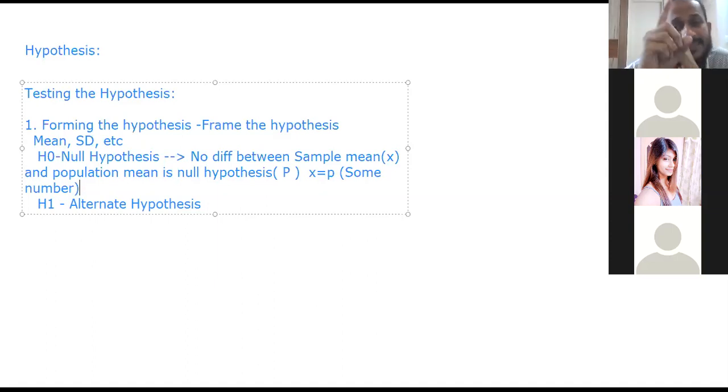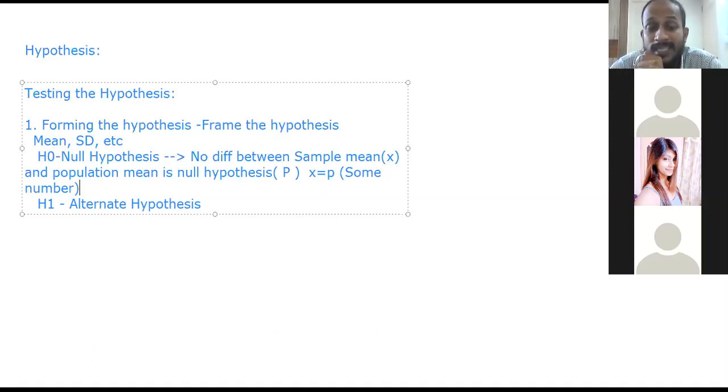If I say that there is a difference between the statistical understanding of BCU students and AU students, and I conduct the internal test, and I find that AU students have scored more marks than BCU students, then the understanding of BCU students is not the same as the understanding of AU students.